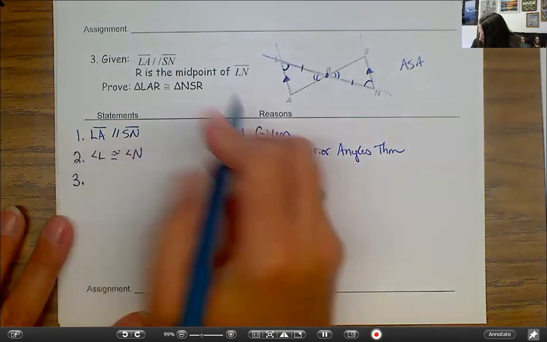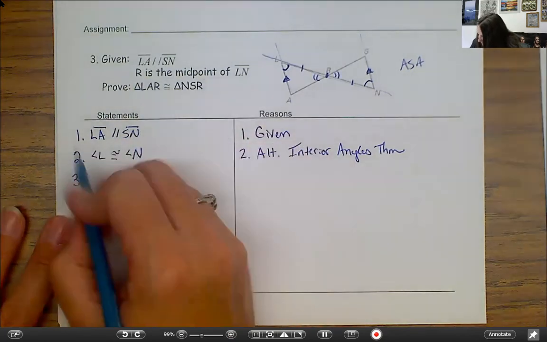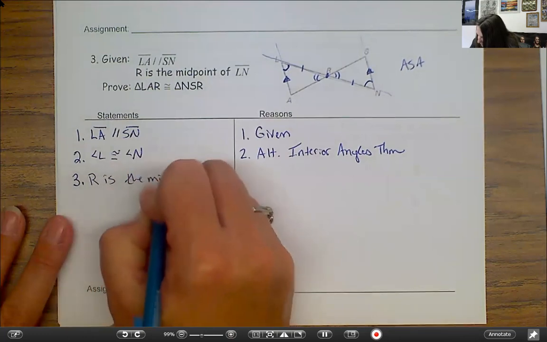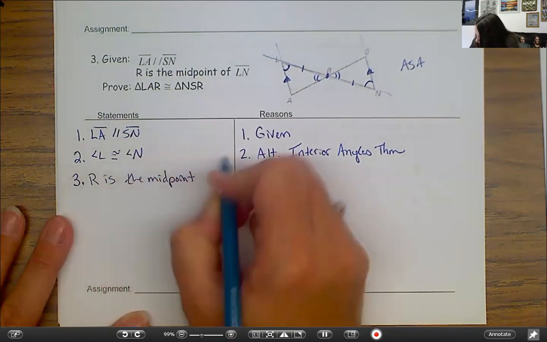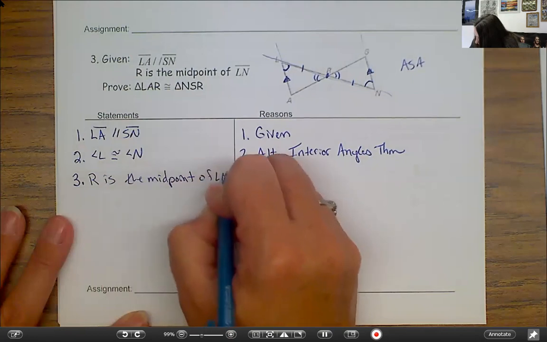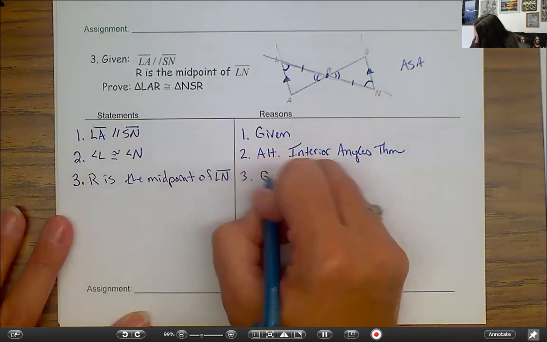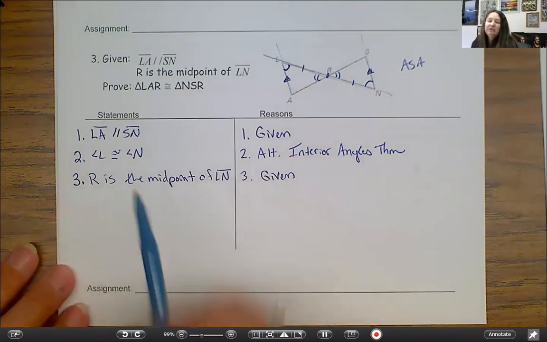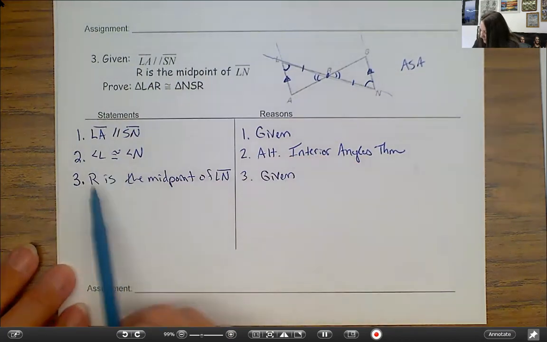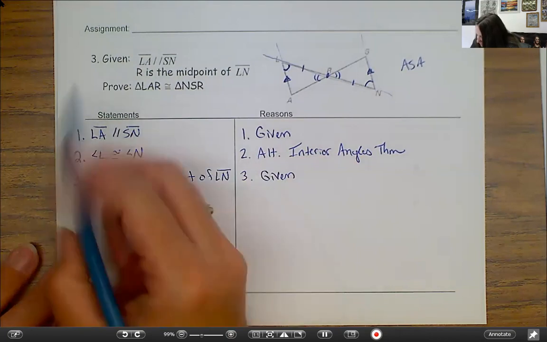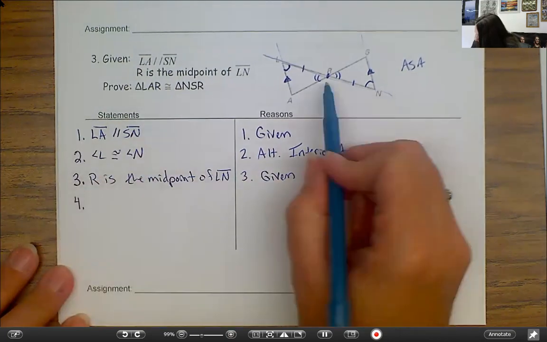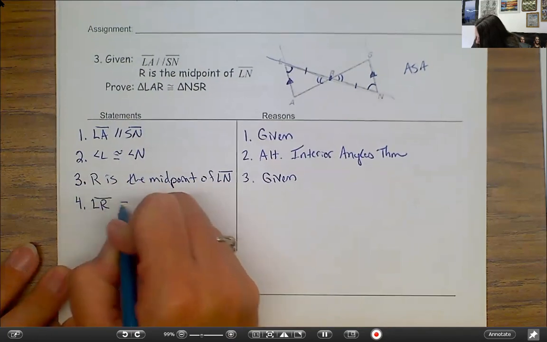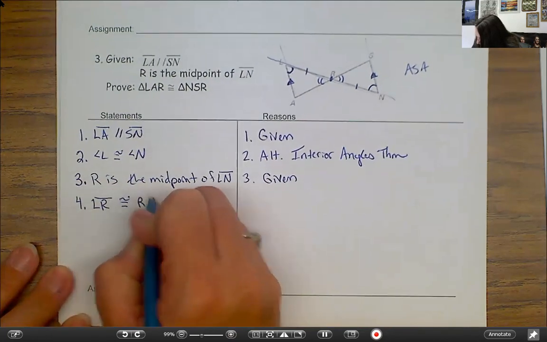Then I'm going to go to the second given statement. Now, R is the midpoint of LN. That was given. But I can write a congruency statement from that. If I know R is the midpoint, it will divide that side into equal parts. So LR will be congruent to RN.